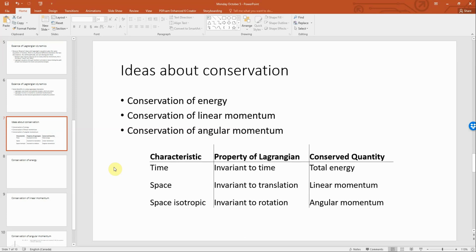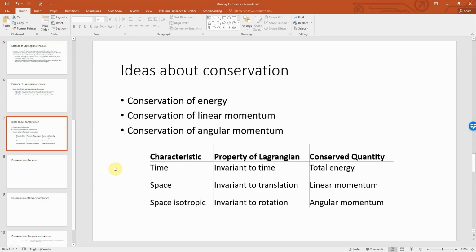Now when you have conservation of linear momentum, the characteristic is space. What we mean is that if we change the Lagrangian by some amount, say delta x, then this doesn't actually change the Lagrangian because we haven't changed anything in space.